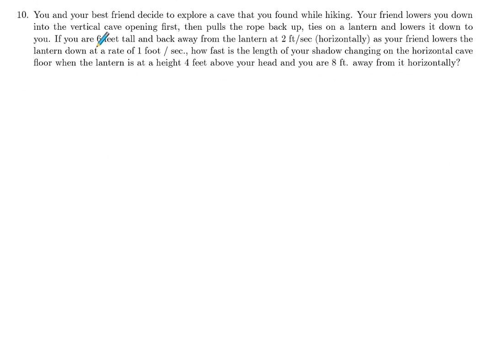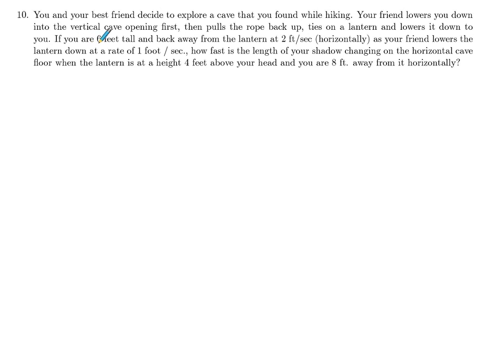All right, last up we have a related rate problem here. So let's read through this and just kind of take it slow. You've got a friend and you're going caving, and they lower you down into this vertical cave opening, and then they pull out the rope and tie a lantern onto it and lower it back down to you.